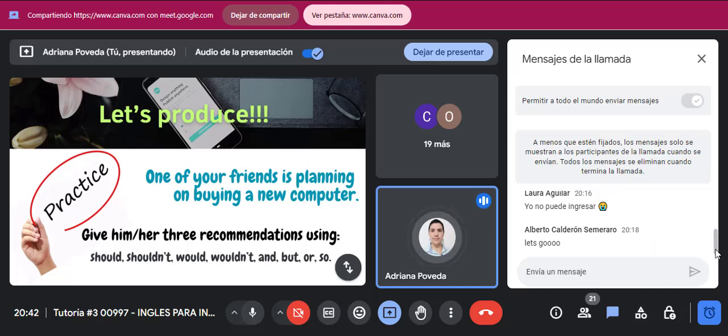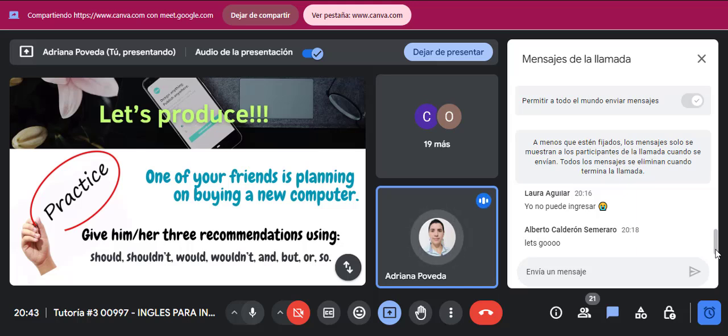El que quiere que le revise las oraciones, entonces lo puede poner en el chat y ahí las podemos ir viendo. Por si alguno no entendió las instrucciones, la idea es que se imaginen que alguno de sus amigos está planeando comprar una computadora nueva y que ustedes van a escribir 3 recomendaciones. Traten de utilizar en una should, en otra shouldn't o would y wouldn't, ¿verdad? Tratar de no repetir. Vean que tienen 4 elementos y les estoy pidiendo 3.